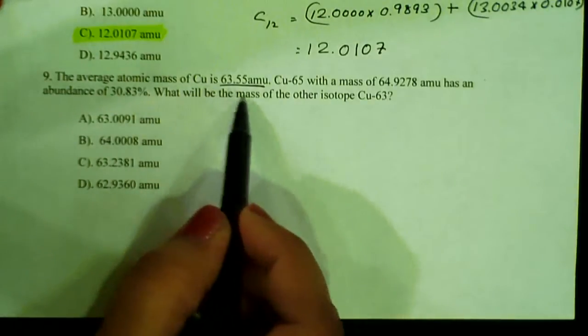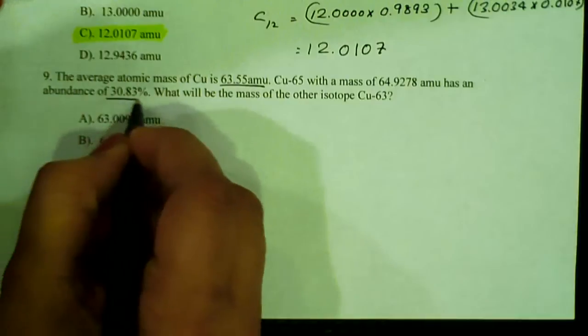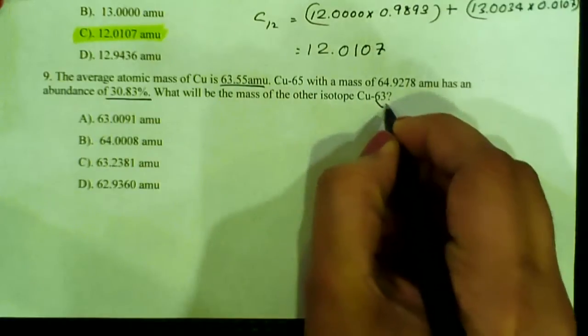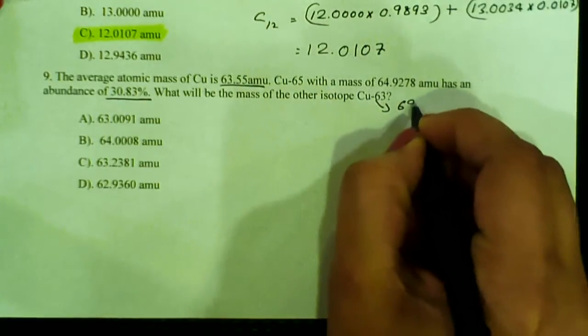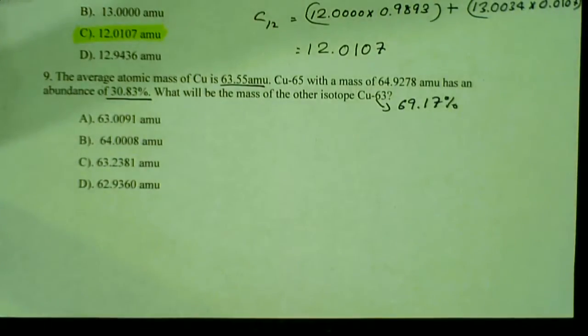So it has two isotopes, right? If you have the percentage of abundance of one isotope, you can figure out the percentage of the other isotope by subtracting the given percentage from 100. So the percentage of Cu63 will be 69.17 percent.